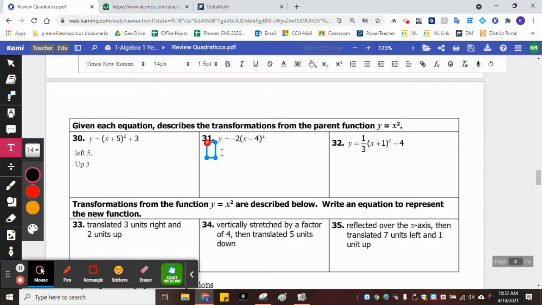So the description here is it reflects over the x-axis, which will be the technical term, but that's just saying it flips down. It's more narrow, so that's actually the vertical stretch.